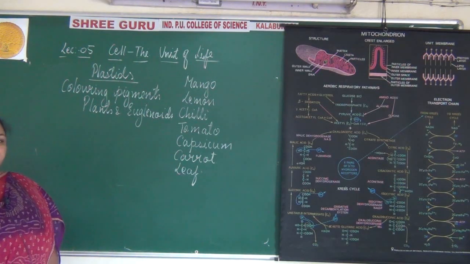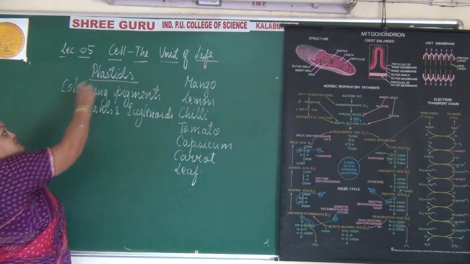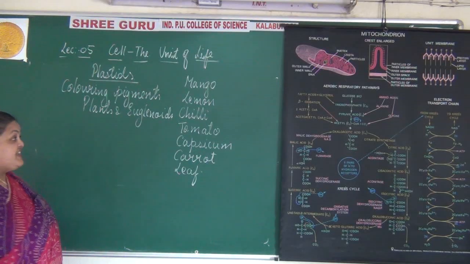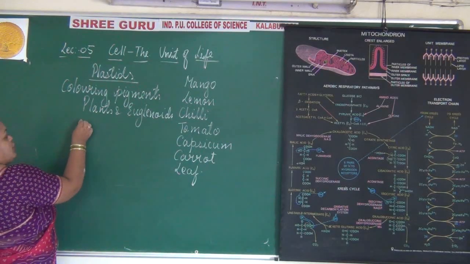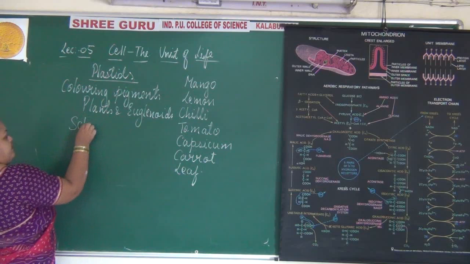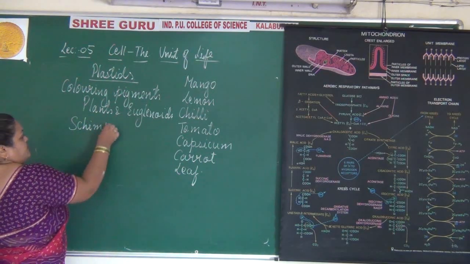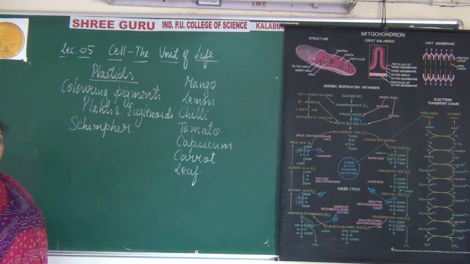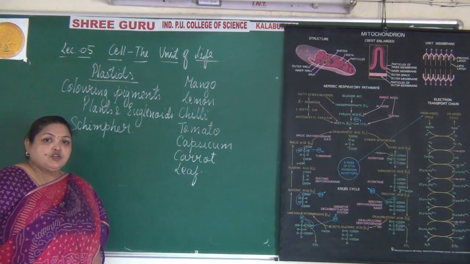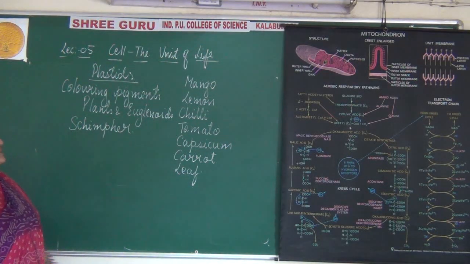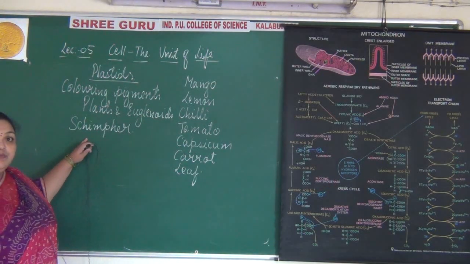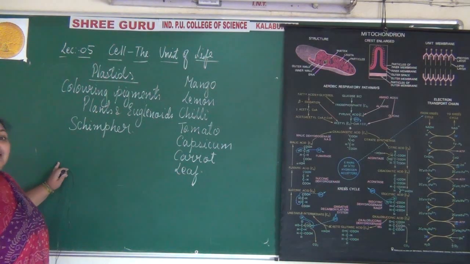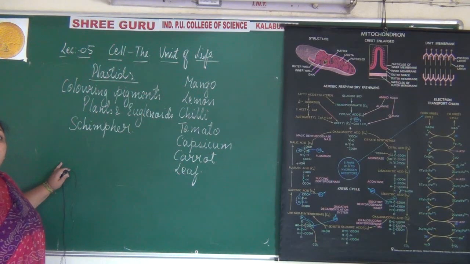That color is due to the presence of the plastids. These plastids were first observed by the scientist named Schimper. He called them the coloring pigments.